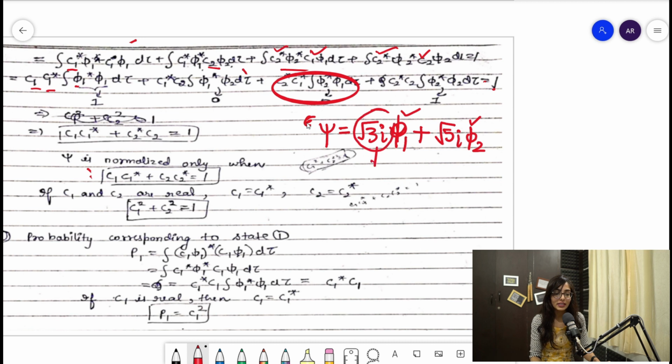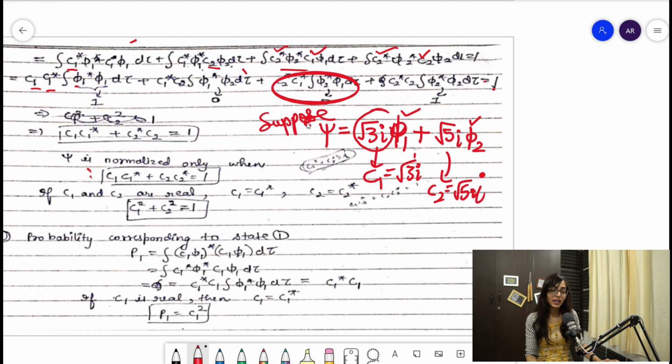Please tell me, root 3i is C1, can you tell me? And this C2, I'm taking an example, suppose this i is outside. Clear? I'm just writing over here, suppose. So guys, if i comes in the coefficient, you will always go by this formula.